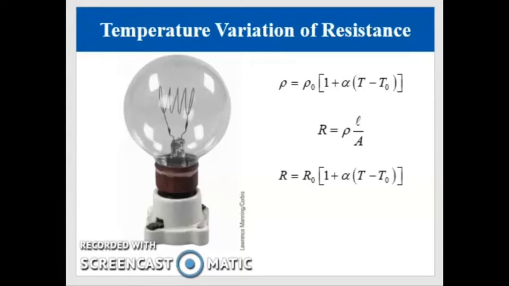Because the resistance of a conductor with a uniform cross-section is proportional to the resistivity, we can write the temperature variation of resistance as shown.